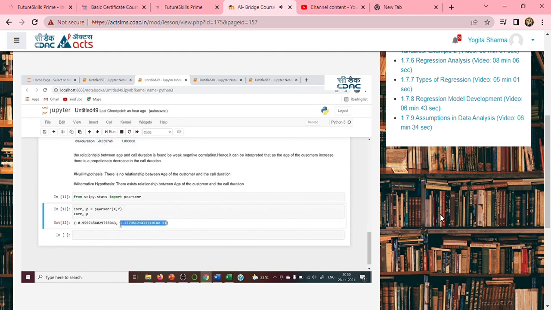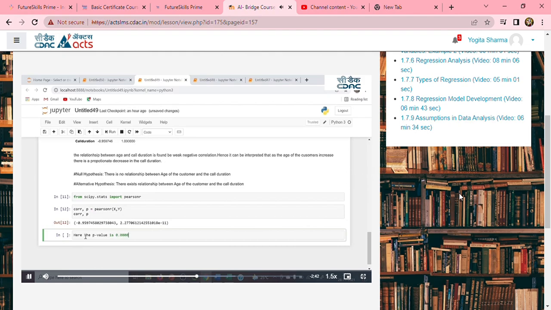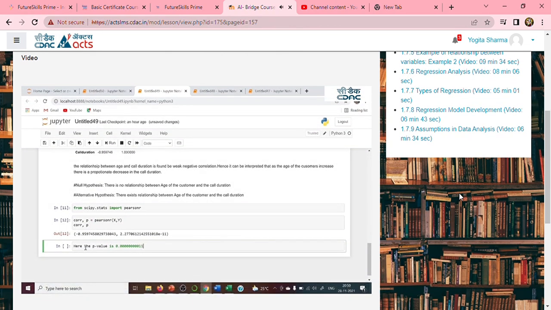Now this p-value says 2.277 e power minus 11. That means the p-value has e power minus 11, which is in a negative format, so as it is 11, after the decimal we have to start counting. So this is the p-value.